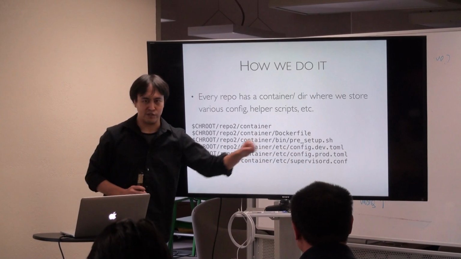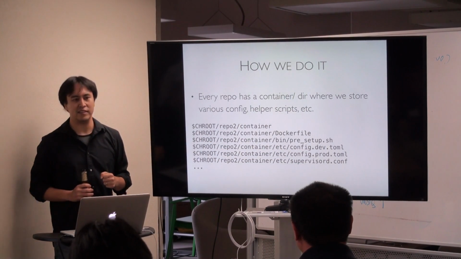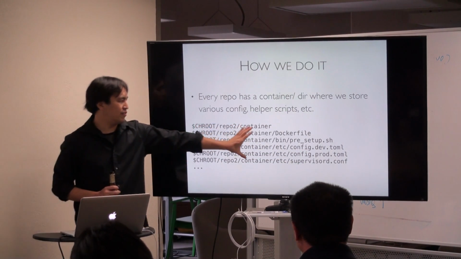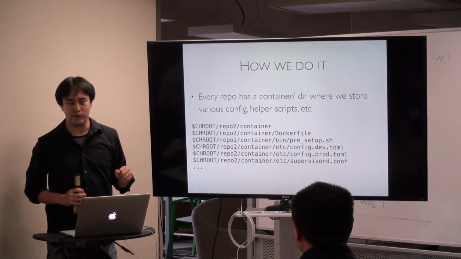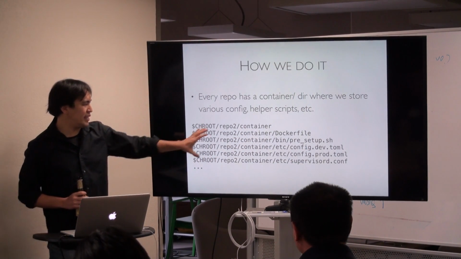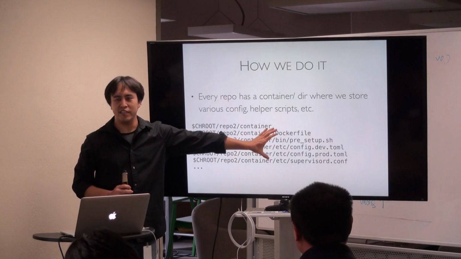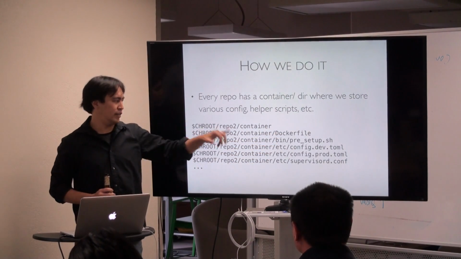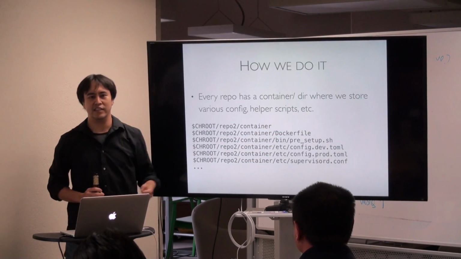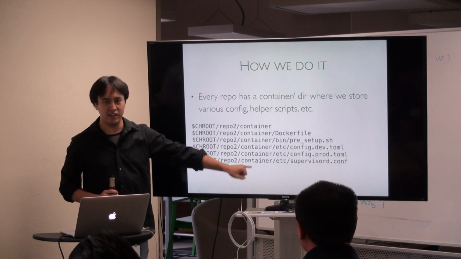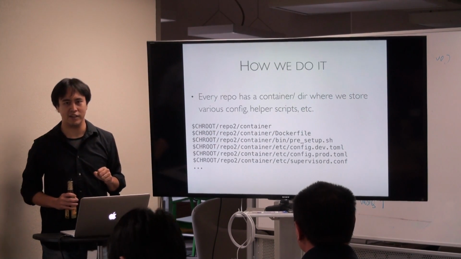It has supervisor if that particular container needs it. So all the config is isolated in the actual container there. Basically, the build system, Jenkins and whatnot, can use the Docker file and these scripts to build an entire container using nothing more than the metadata contained in the container directory.